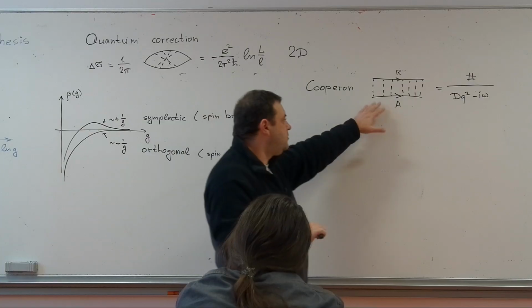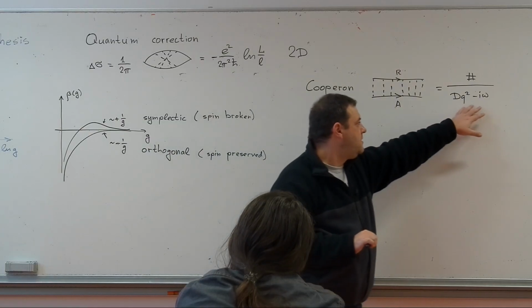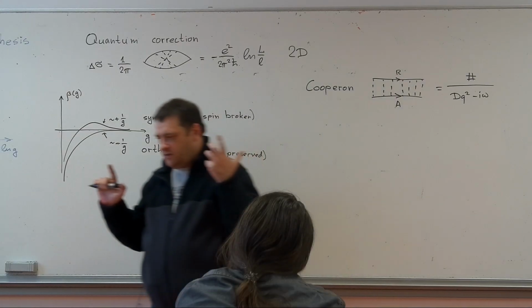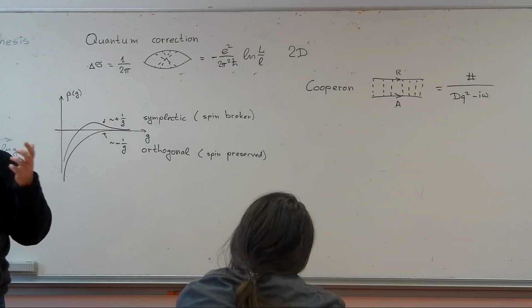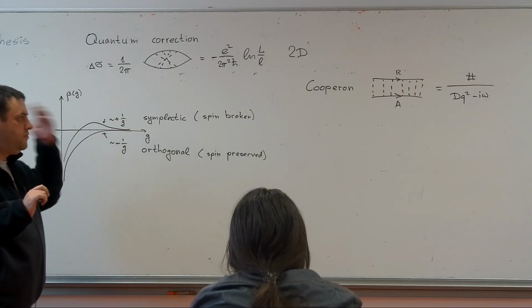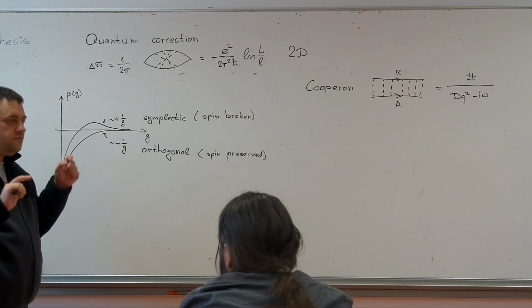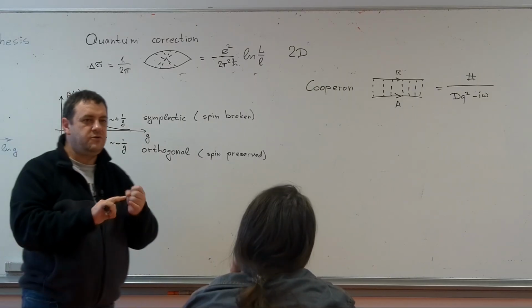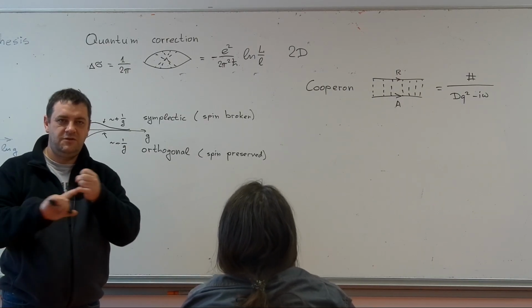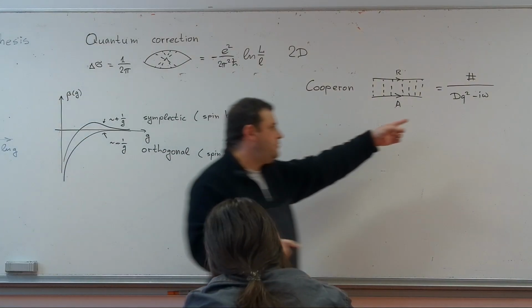So this Cooperon, the existence of such a mode with a pole inside, signifies that our system has some conserved quantity. Before, on the very first lecture, I told you that a diffusion has a pole because the total density is conserved. Conservation of total density in the diffusion equation leads to the appearance of such a pole.